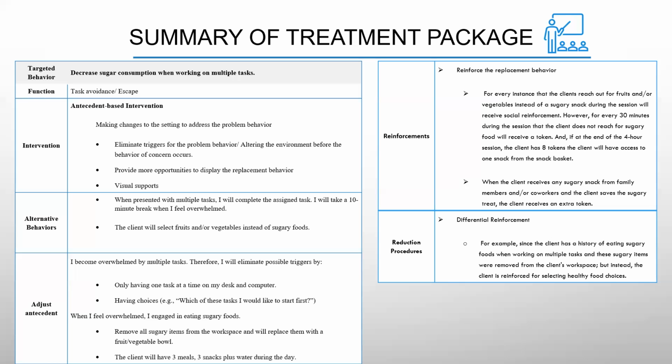And I added this one: when the client receives any sugar snack from family members and or coworkers, and the client saves the sugar treats, the client receives an extra token.